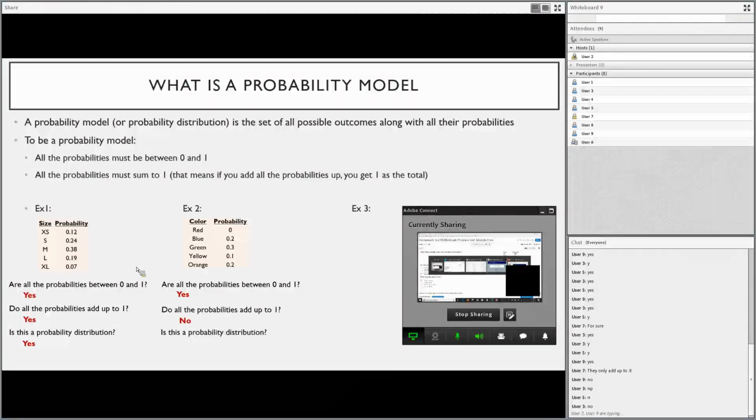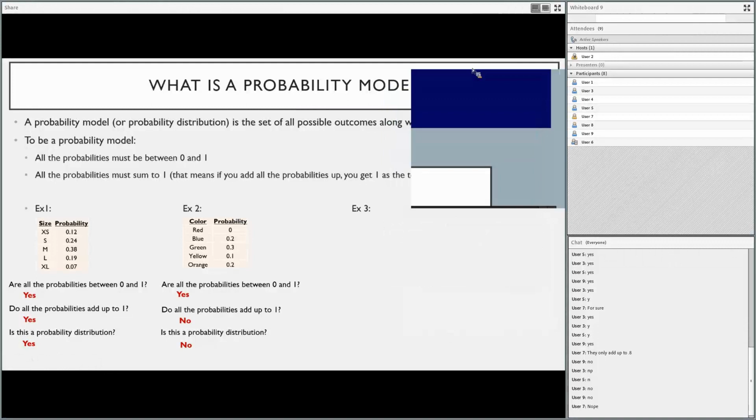Exactly. They do not all add up to 1, right? If I add all those up, I get something less than 1. So is this a probability distribution? No, it is not, because both of those criteria have to be met in order to be a probability distribution.